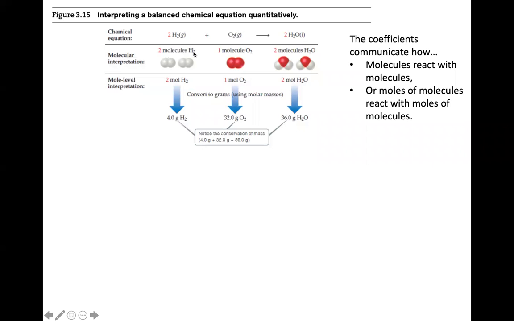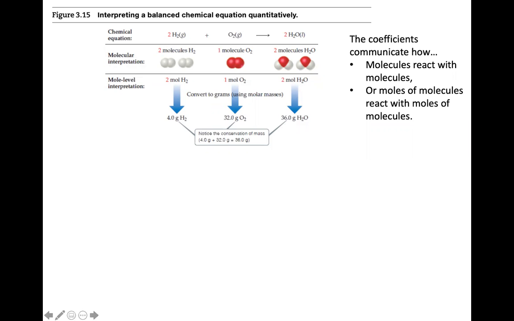But notice that the coefficients in front, those are telling me how those parts combine. The coefficients are telling me how the molecules can react with other molecules. Or it could be moles of the molecules reacting with both. So those coefficients we're going to see correspond to either the actual number of molecules, or if we've scaled it up, the mole amounts. And I know you can handle that.